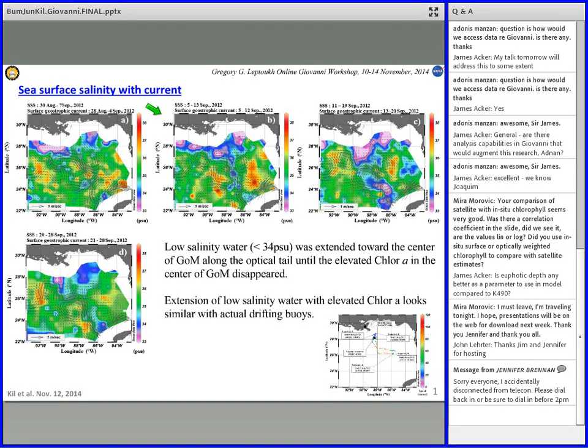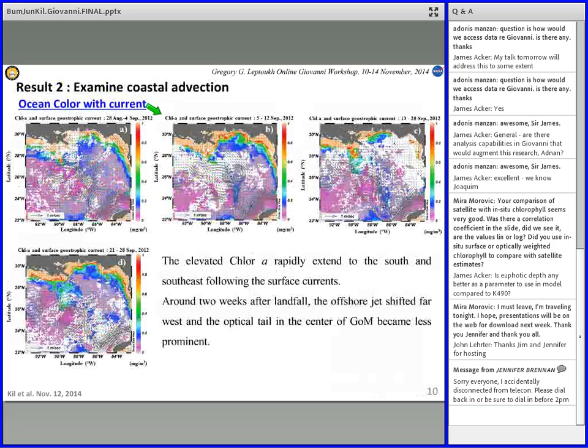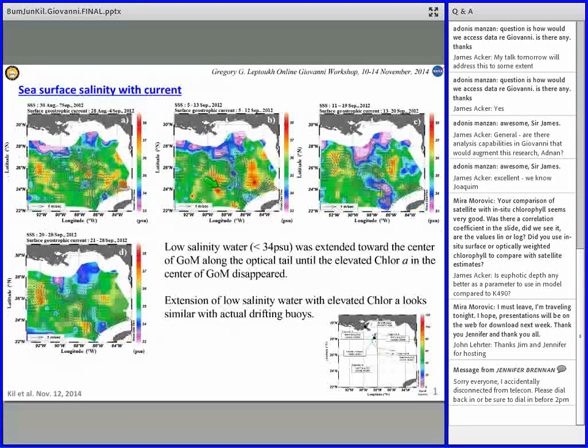The good point of the SMOS satellite is that it is an L-band radiometer, which means it measures sea surface salinity in the microwave. Microwave can penetrate the cloud. So that is a good point, because even if we cannot find a clear feature due to cloud, when we see the chlorophyll A, we can make it clearer by comparing with the low salinity.